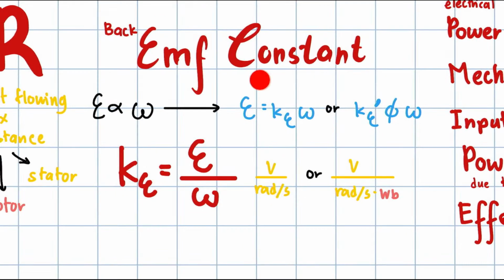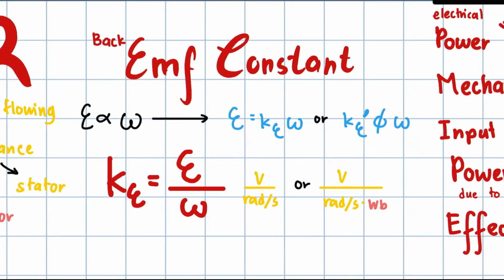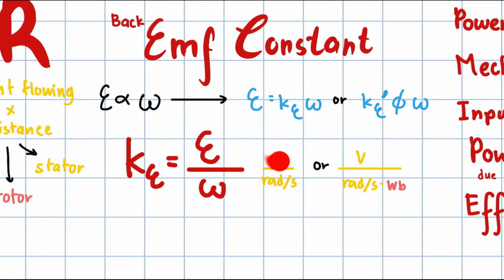So it's denoted as E equals EMF constant times angular velocity. So this is KE equals E over omega. So this E is in volts.